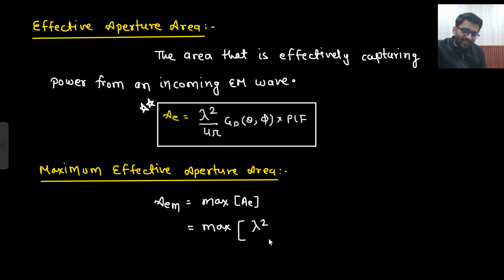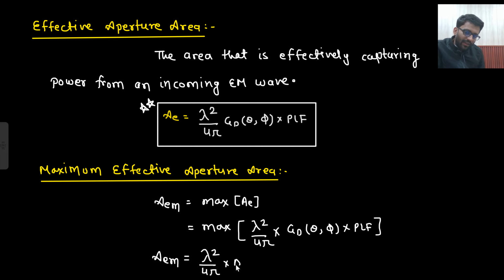That would be lambda square upon 4 pi into the maximum of directive gain into polarization loss factor. Lambda square will be a constant quantity because it depends on the wavelength of the EM wave. The polarization loss factor depends on the polarization. So what maximum do you take? The maximum of G_D(theta, phi). What is the maximum value of directive gain? That is directivity. So the formula of maximum effective aperture area is lambda square upon 4 pi into directivity into polarization loss factor.